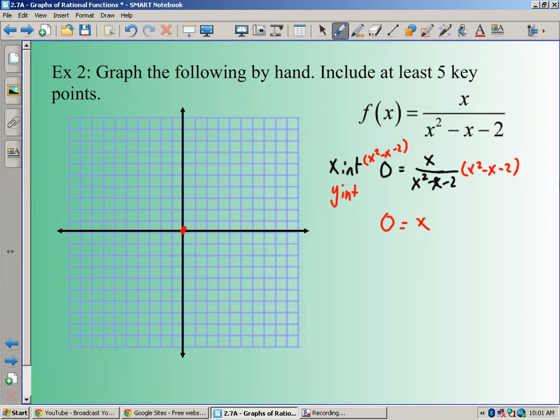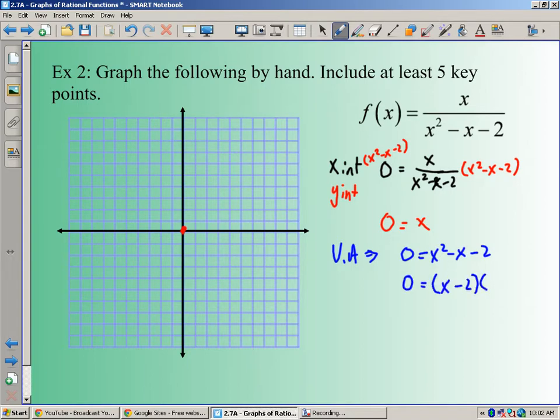And vertical asymptotes are always found when we set the bottom of the fraction equal to 0. So 0 will equal x squared minus x minus 2. And in order to find out what these are, I can't really add 2 across, it's just not going to work that way. So I'm going to have to factor it. And so when I factor the bottom, I get x minus 2 times x plus 1.